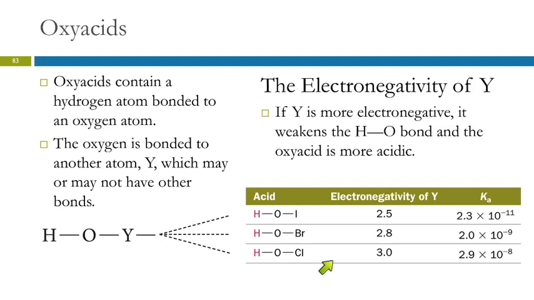Chlorine has a larger electronegativity, and so it's going to pull electron density away and weaken this bond more than the other halogens do. And so we see that its Ka is larger. Now, they're all still weak acids. Any questions?